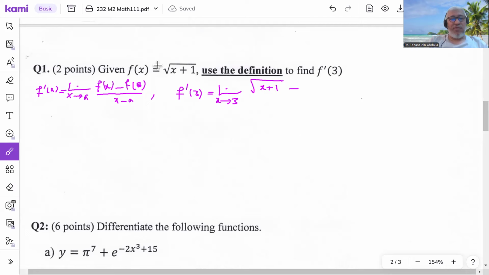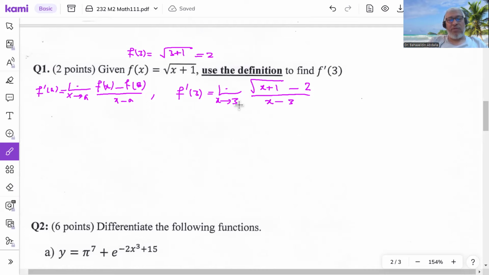Now let us find f of 3. F of 3 would be square root of 3 plus 1. I replace x by 3, and that's square root of 4, which is 2, so I have 2 here, and I have x minus 3 in the denominator, so this is the limit.